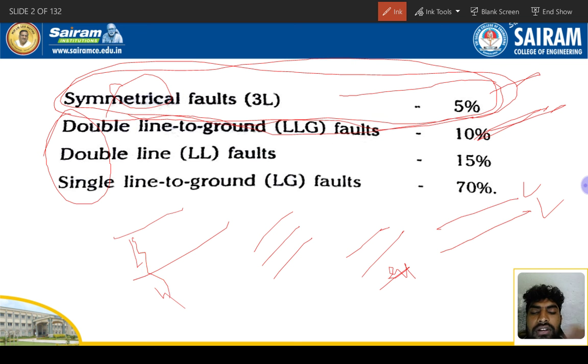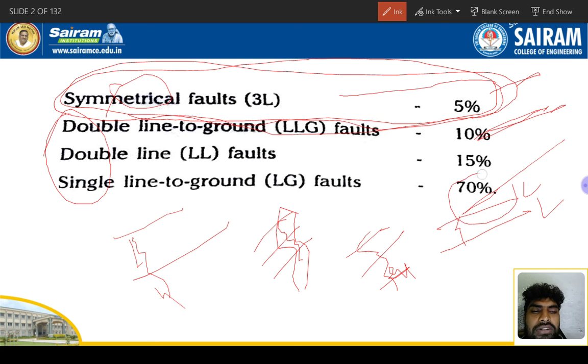Like a fault in the ground. This one is a fault in the two lines, this one is a fault in the two lines with the ground, and this one is a fault in the three lines. These are the faults in the power system analysis subject. The single line to ground fault is the frequent fault.